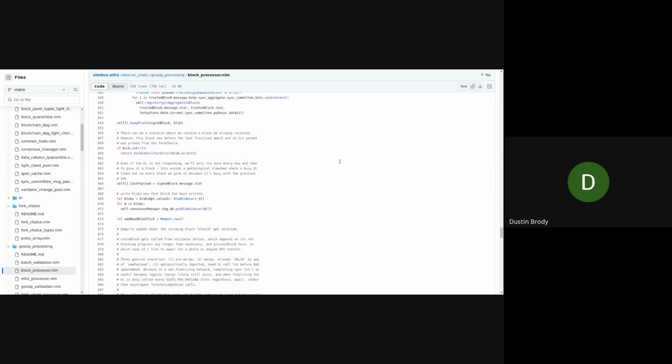It is important to hit 4 seconds because there are several conditions. Different parts of the spec very much militate towards 4 seconds being the boundary on this. And then every 12 seconds the chain progresses. So this is the basic structure of how things move forward.